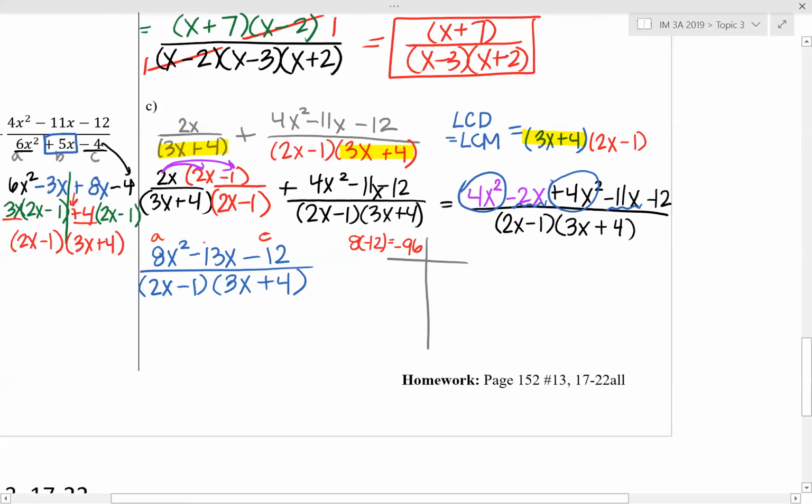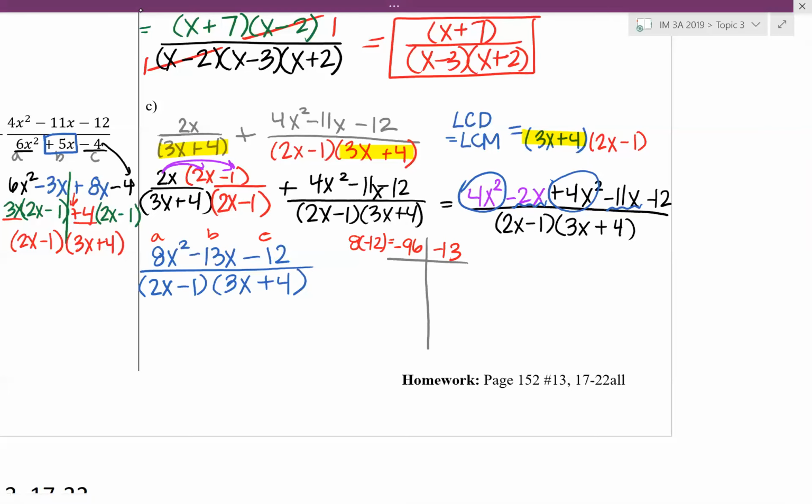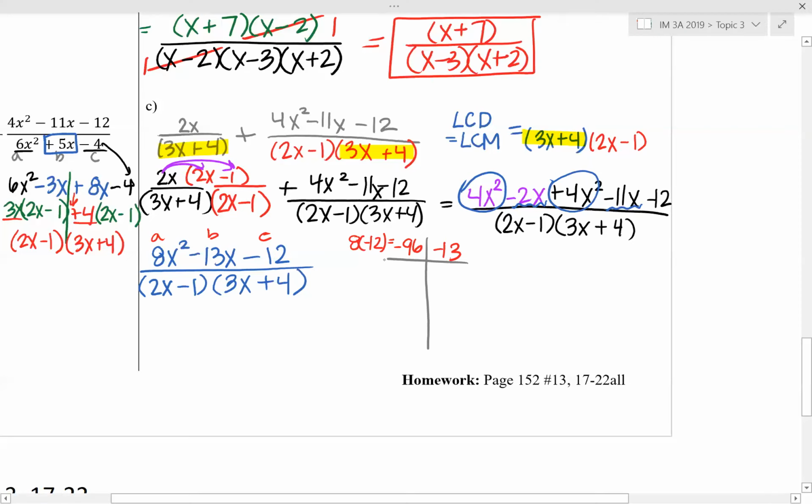They need to add to b, which is negative 13. So if I'm looking at the factors of negative 96, those would be where the larger number is negative because the sum has to be negative. So I'm looking at 1 times negative 96, which definitely is not negative 13. That's negative 95.